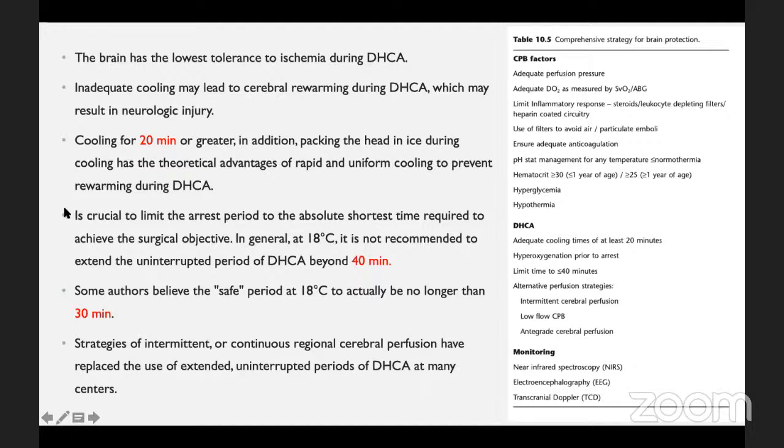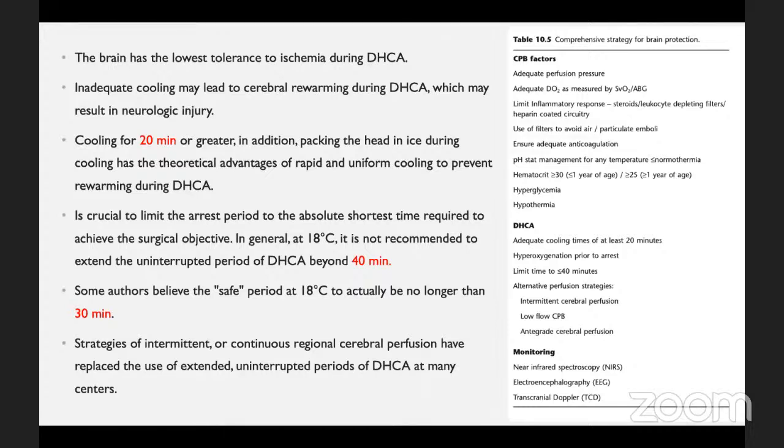So cooling for 20 minutes or greater, in addition, packing the head and eyes in ice during cooling has the theoretical advantages of rapid and uniform cooling to prevent rewarming during deep hypothermia. And it is crucial to limit the arrest period to the absolute shortest time required to achieve the surgical objective.